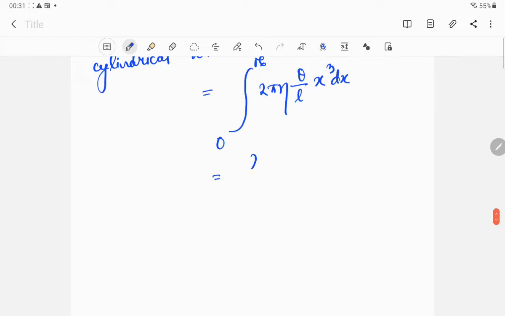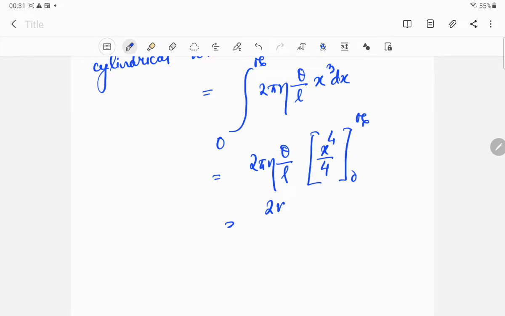Now if you do it, 2 pi eta theta by L, the integral of x cube is x to the power 4 by 4, from 0 to r. So we have 2 pi eta theta by L times r to the power 4 by 4.